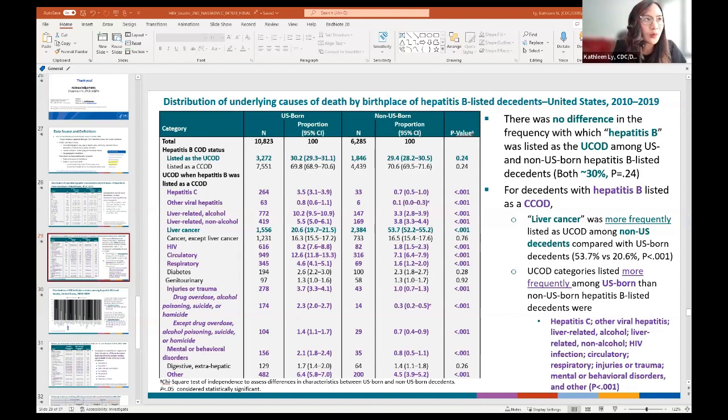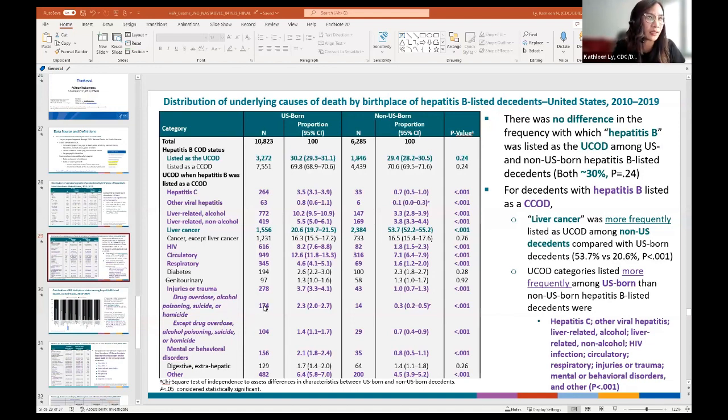Yeah, thank you for that question. I'm pulling up the larger table, so it has more information. Under the injuries or trauma category, you can see that we did parse out drug overdose, not specifically drug overdose, but it's combined with alcohol poisoning, suicide, or homicide, just sticking with the categories that Dr. D. Bixler had used, versus injuries or trauma that did not include those conditions.